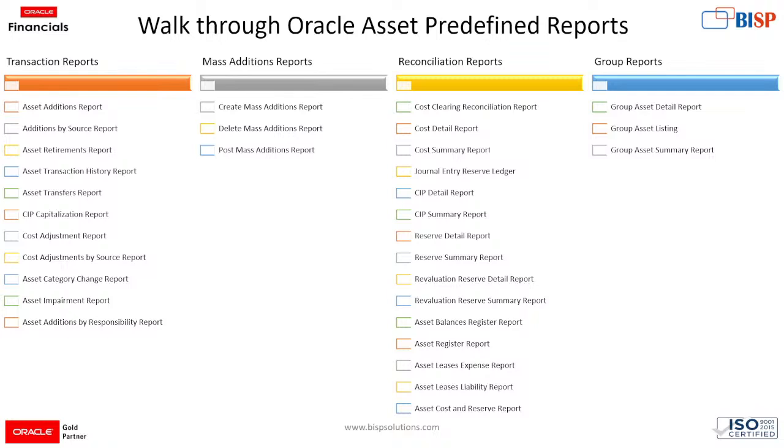So these are all seeded reports, right? Now if I go to the group reports, if your assets are at group level, if you are maintaining group assets, then the group asset detail report is there.